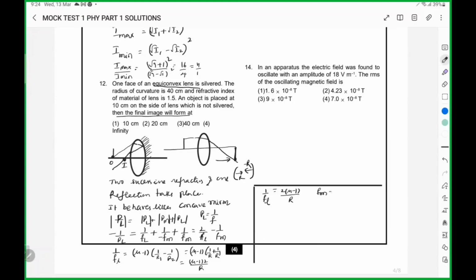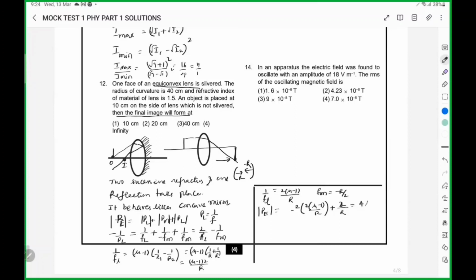Fm is the focal length of the concave mirror. So the effective power we can say is 2 by Fl, that is 2 times 2 times (mu minus 1) by R, plus 1 by R by 2.